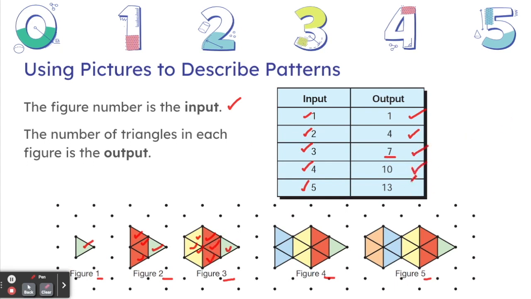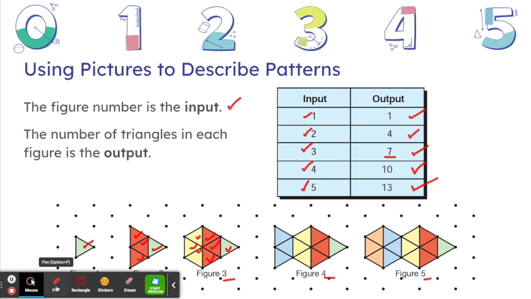And the same goes for figure 4 with 10 triangles and figure 5 with 13 triangles. So this is just one way that we can describe the pattern that represents the relationship between the input and output using a picture.